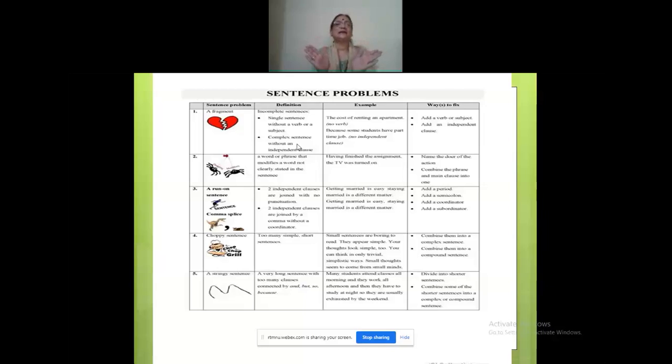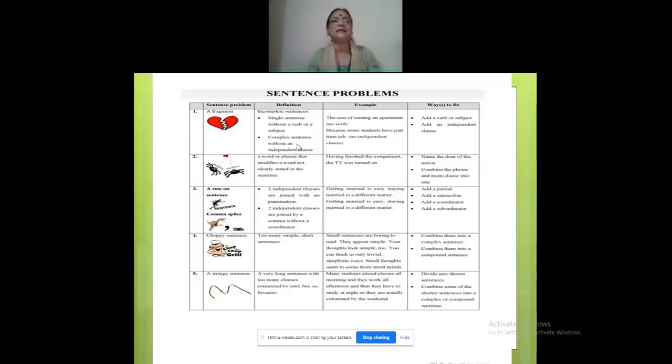When the sentence is incomplete, it is called a phrase. A sentence can be incomplete when there is no subject, no verb, or there may be a subject and no verb. So these kinds of sentences become incomplete.